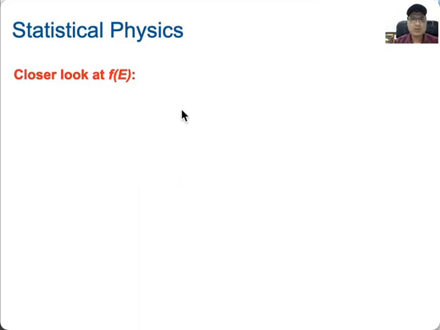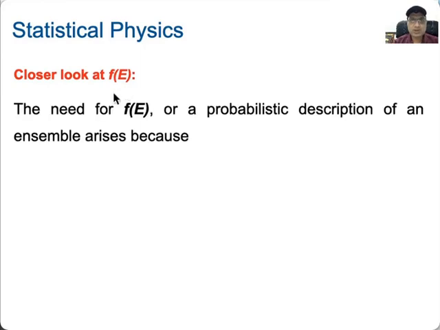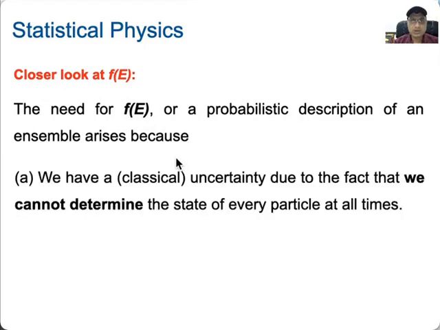Now let's have a closer look at f(E), which is a probability distribution function. The need for f(E), or the probabilistic description of an ensemble, arises because, first, we have a classical uncertainty due to the fact that we cannot determine the state of every particle at all times, because we are interested in collective behavior.